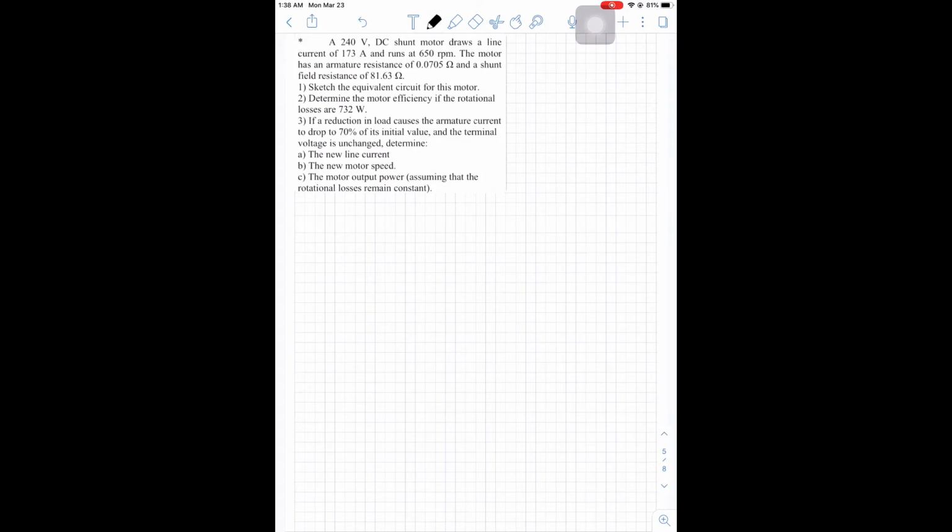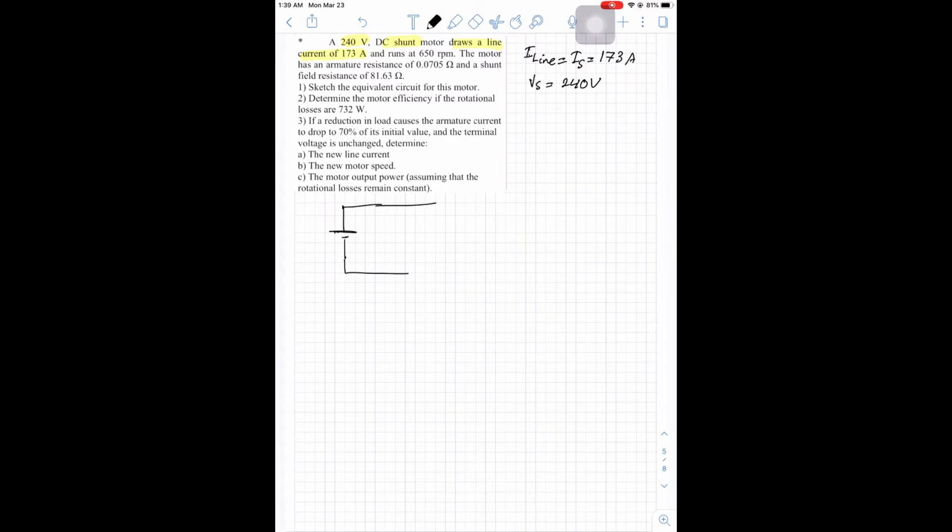In this question we have a 240 V DC shunt motor, and this motor draws a line current of 173 amperes. We mentioned before that I line is the source current going into the machine. So we can start by sketching the machine circuit.